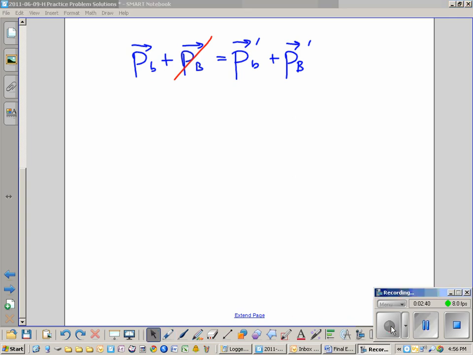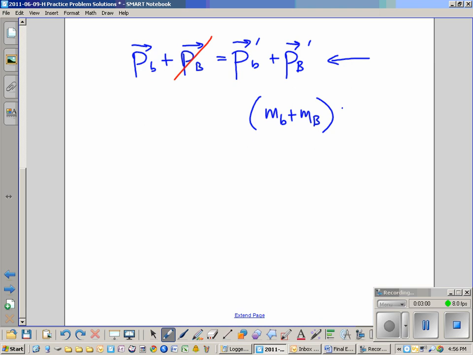And then since this is a perfectly inelastic collision over here, we know we're going to be able to set it up as v prime, or let's say u, so we'll be consistent. The momentum is going to be equal to the mass of the bullet plus the mass of the block times their common velocity. Okay? So we don't need a subscript for that. So what do we have over here? The momentum of the bullet is equal to the mass of the bullet times the initial velocity of the bullet.